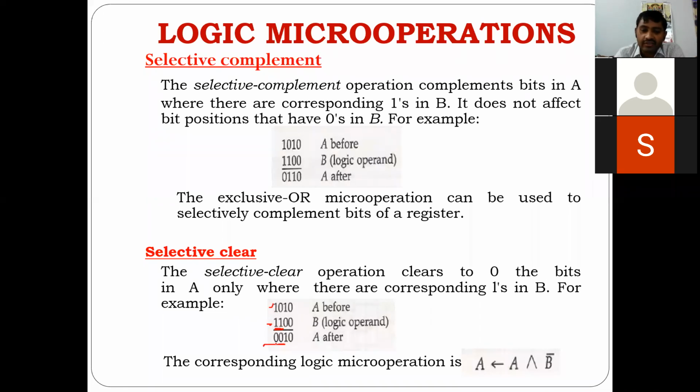So this becomes 00, and this will not be changed because it is 00, right? In this way it is a selective clear.